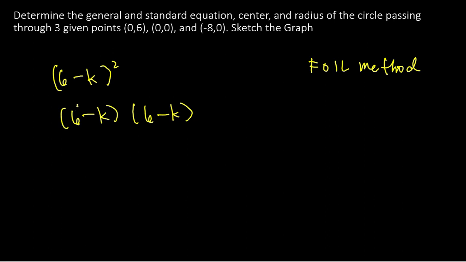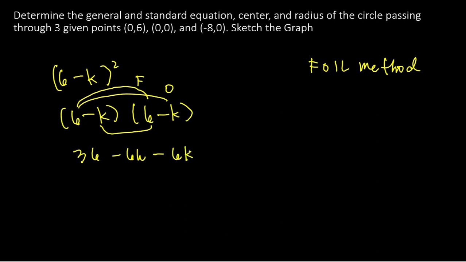First term, we have 6 multiplied by 6, so we have 36. Next, outer: 6 multiplied by negative k, we have negative 6k. Inner: negative 6 multiplied by 6, we have negative 6k. Last term: negative k multiplied by negative k, we have positive k squared.